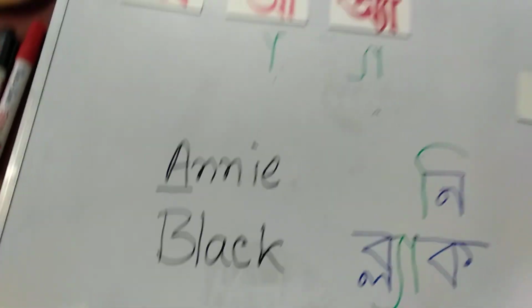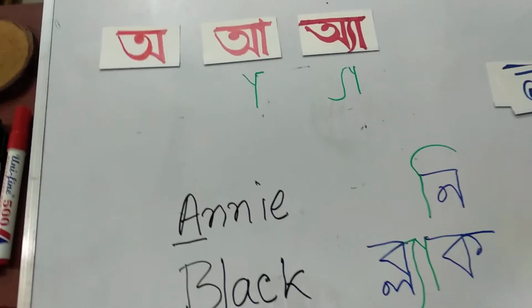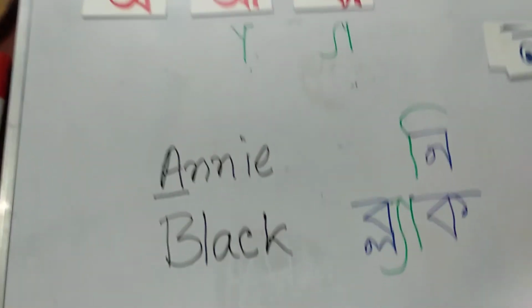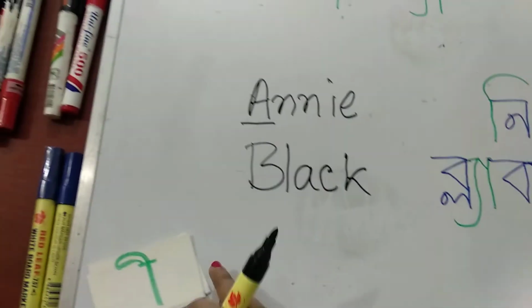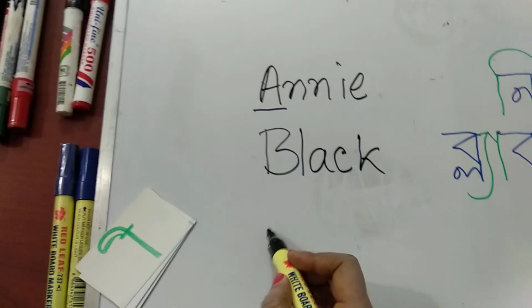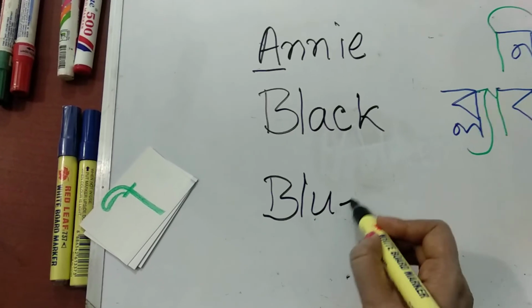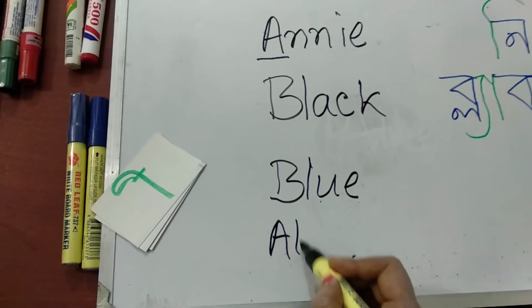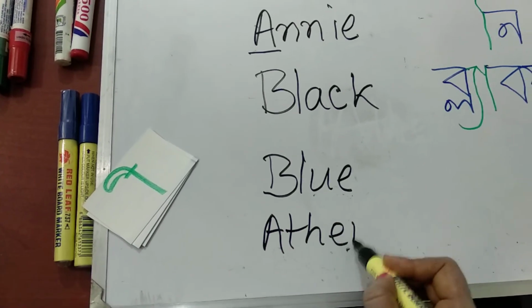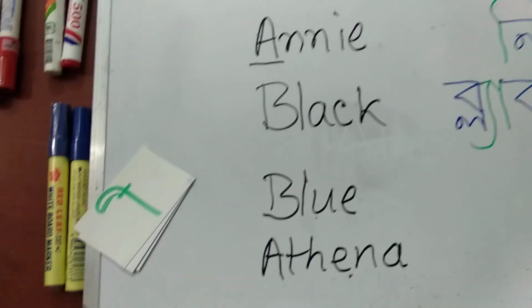So okay, this is black, and now I will give you a task so that I can understand if you have understood my explanation or not. So you will do some transliteration for me in the comment section. You will write blue, and you will write Athena, and you will write blackmail.